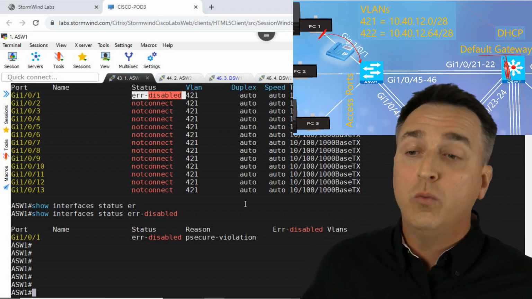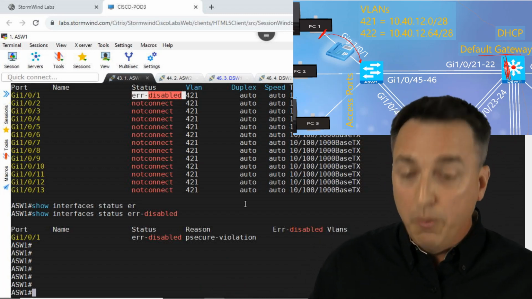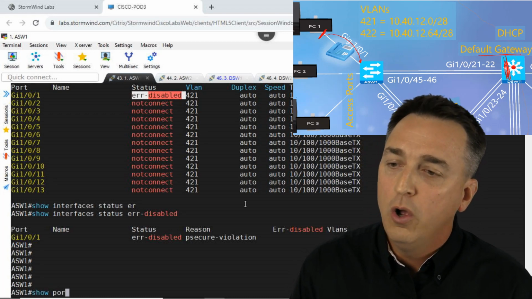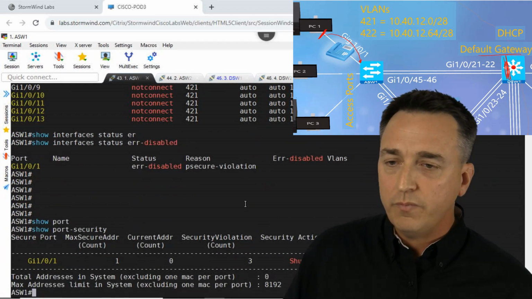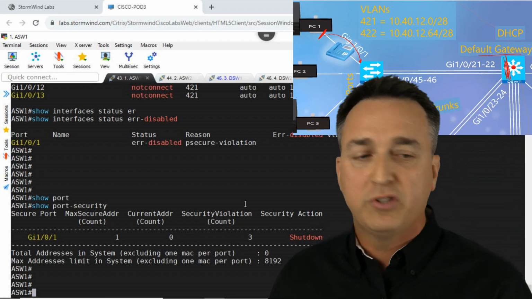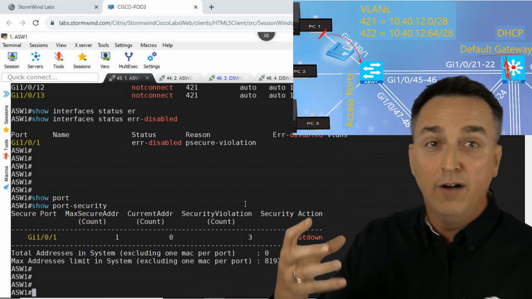Perfect, right? So we now know we have what? A port security violation. We do. So let's type in show port-security, and we'll see here that gigabit 1/0/1 has a maximum secure address count of 1.